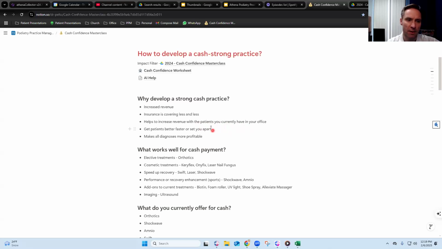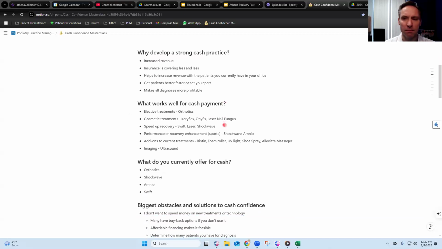For example, setting you apart might be doing Swift where no one else has Swift. They only have the traditional wart treatment, so they would come into you. The same goes for shockwave, if no one else has it. And then there's the increased profitability, making all diagnoses more profitable. I think that is key, what we all want to do. This is my take on this. What's working well for me might work better for you in your practice.